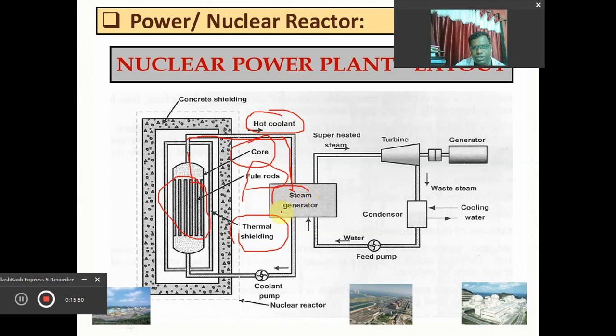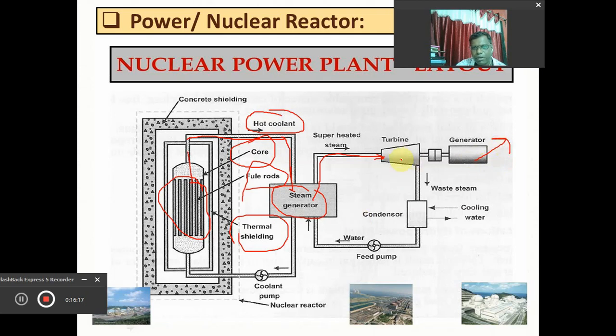So steam is generated in this part, and this steam is transferred to the turbine, and the turbine uses this steam for the electric generator, which produces the electric power.